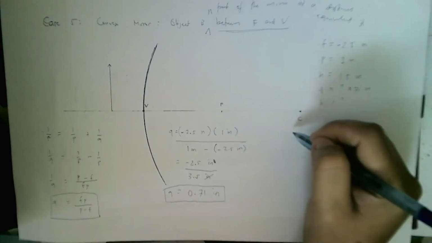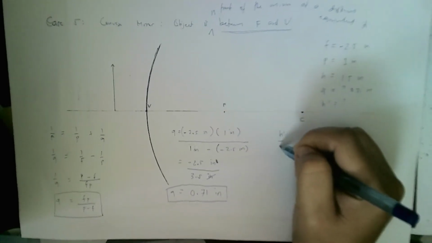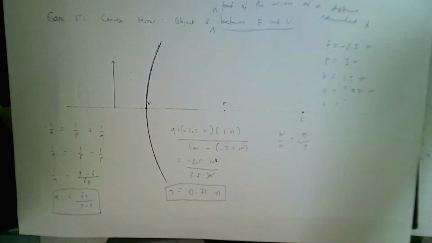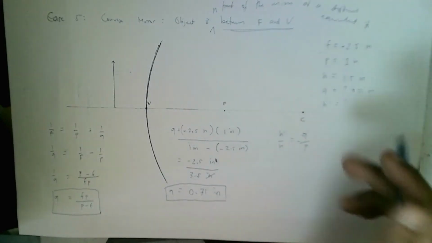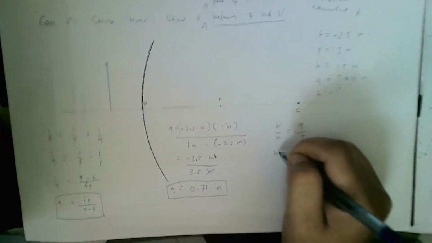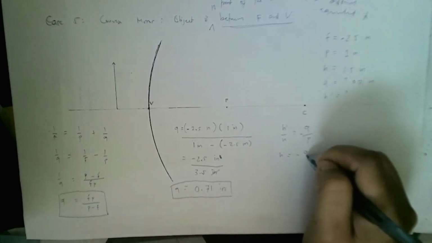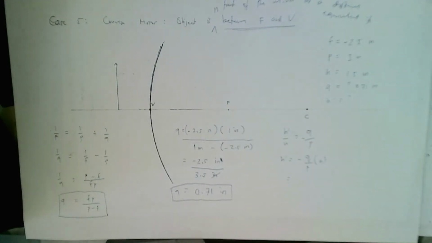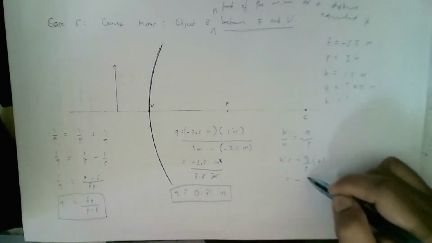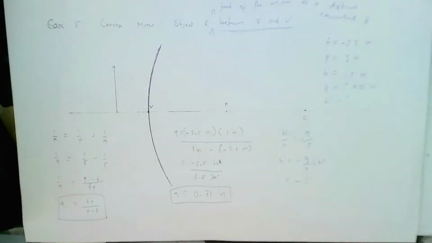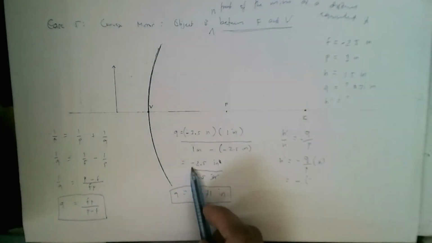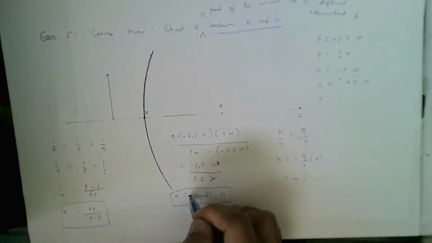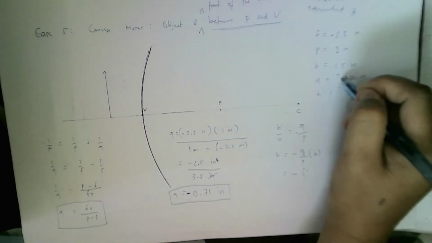And again, for that, you have this equation. H prime over H is equal to Q over P, but with a negative sign, which is inherent to the equation. So don't change that. It's already inherent to the equation. So H prime is equal to negative Q over P times H, which gives me negative 2.5 divided by 3.5, that gives me negative.